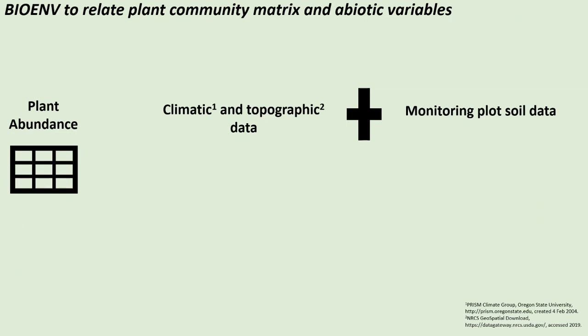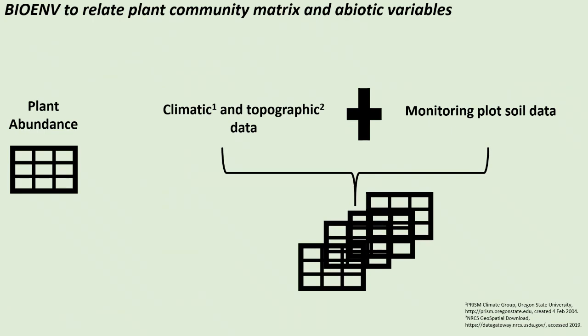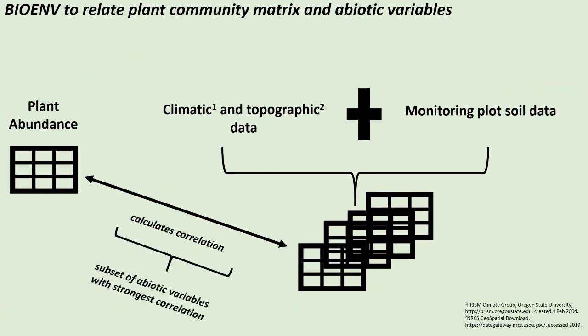I was looking at climatic data from the PRISM dataset and topographic variables derived from a 10-meter digital elevation model. The BIOENV routine looked at the correlation between all of these variables and the plant abundance data, and then it spits out a subset of abiotic variables that are most strongly correlated with the plant data.